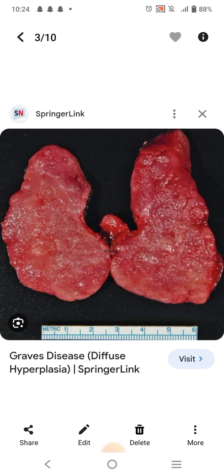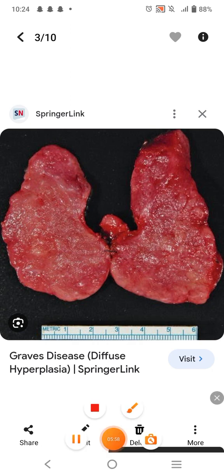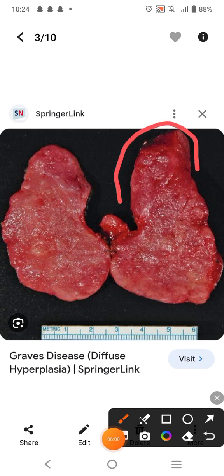These were all microscopic features of Graves' disease. Now let us discuss its gross morphology. There is a soft, meaty appearance of thyroid tissue, just like muscle, and the thyroid gland is diffusely enlarged. Hyperplasia and hypertrophy both occur in this case.